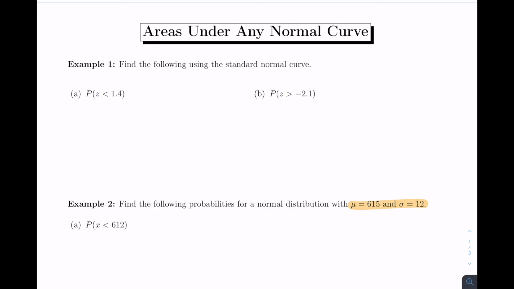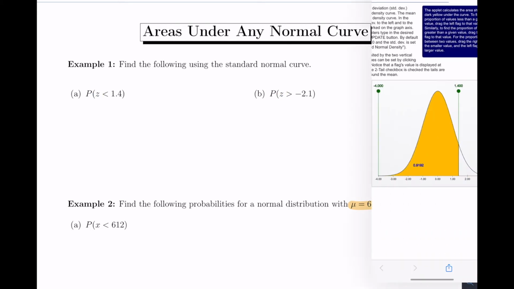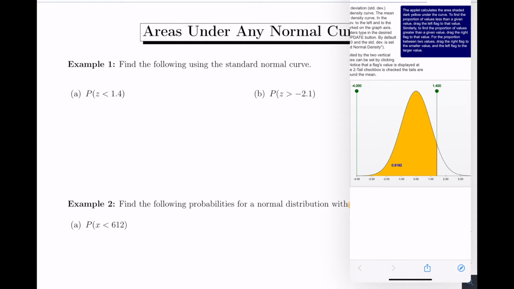So if we look at this first example, the probability that z is less than 1.4, I've already set this up in the applet, so you can see here that I have the mean set to 0 and the standard deviation set to 1. And the yellow region is the region from the smallest value of this standard normal curve, so -4, to positive 1.4.